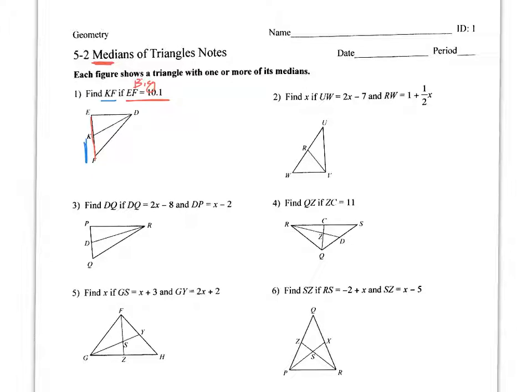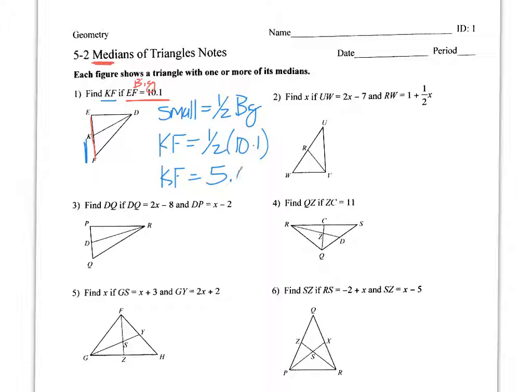So going back to our relationship, small is equal to 1/2 the big. So KF, which is what I'm looking for, will be 1/2 of 10.1. If I take half of 10.1, I get 5.05.